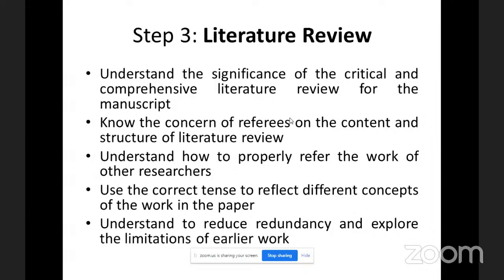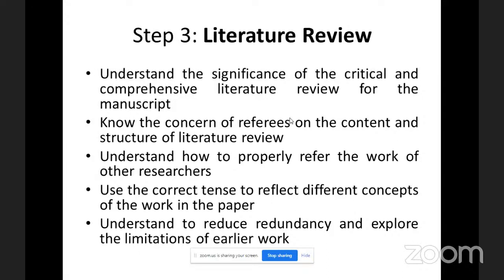If you are taking something from other papers and then modifying it, then proper reference will be provided there. Whether you are discussing them in the literature review section or not, you should provide them a proper reference there. Here also use the correct tense to describe different literature.